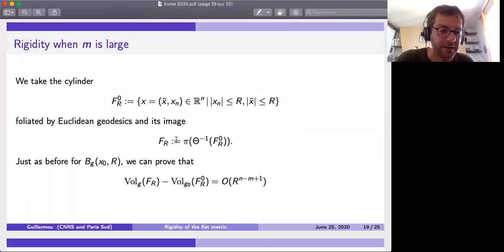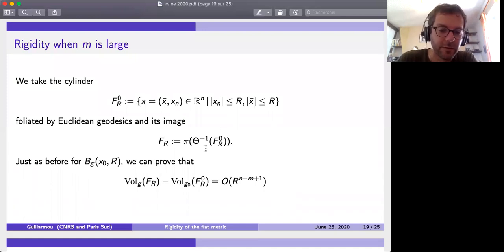And now define F of R to be the image. Because F R0 is a cylinder in Rn but it's foliated by geodesics, you can really view it also as a subset of the unit tangent bundle by just taking the d over dxn direction. I view it as foliated with horizontal geodesics.